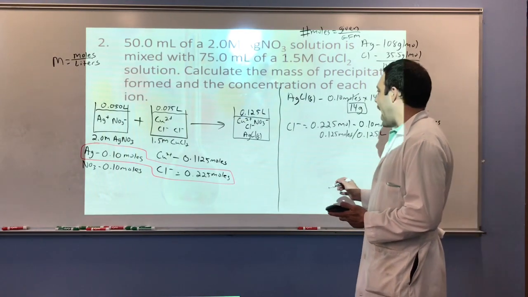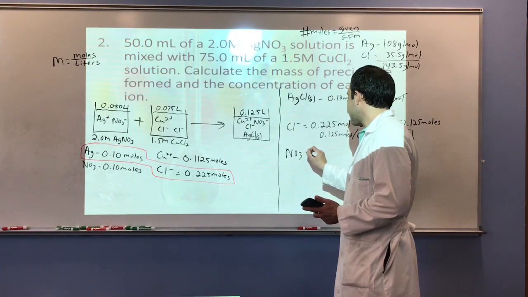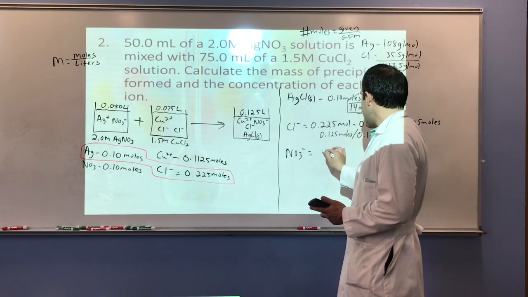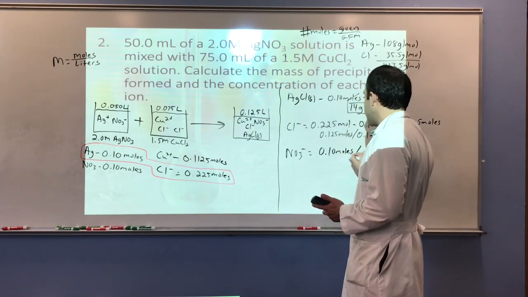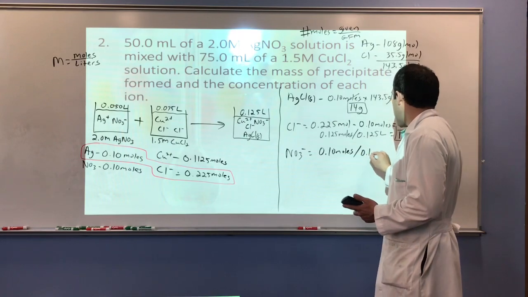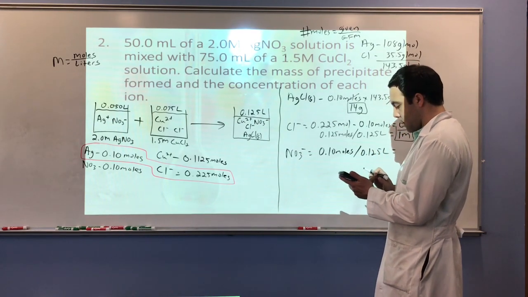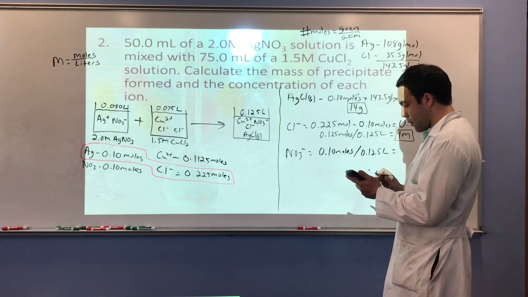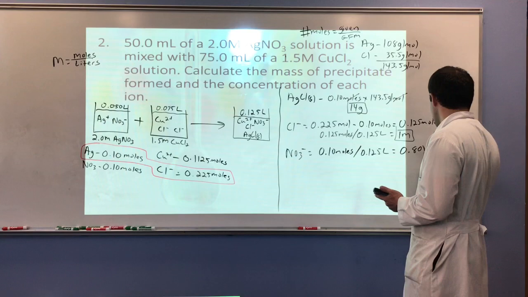To find how much nitrate is in solution, I take the 0.10 moles and divide that by the 0.125 liters. And I get 0.80 molar.